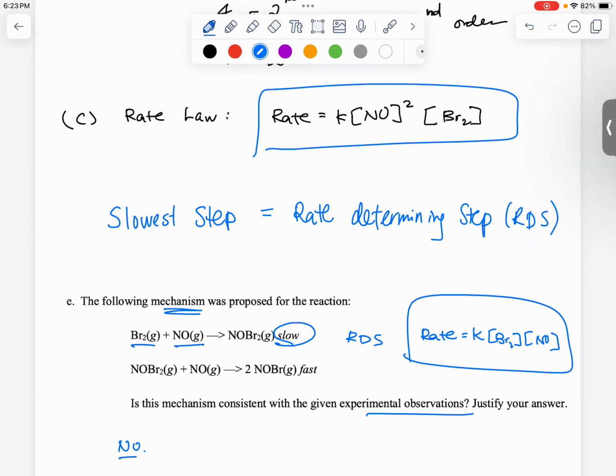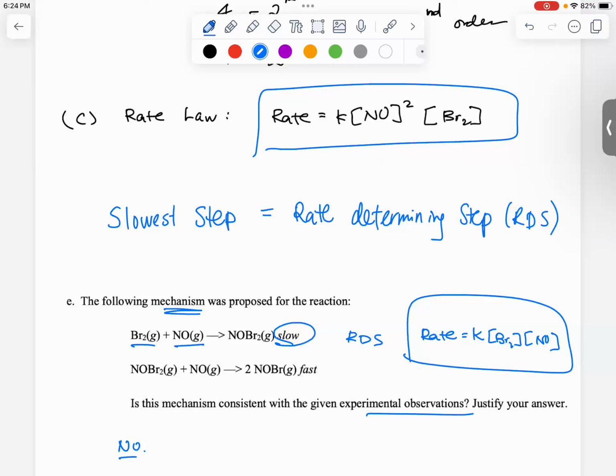We always determine the rate law from experiments, and from there we backtrack to trace the mechanism.